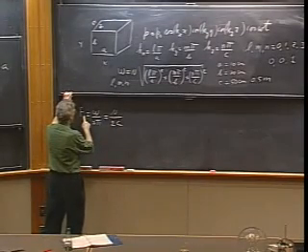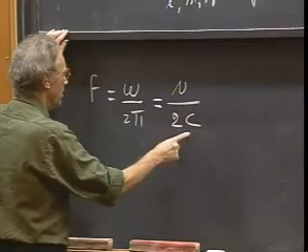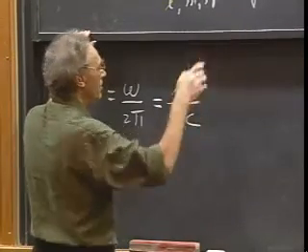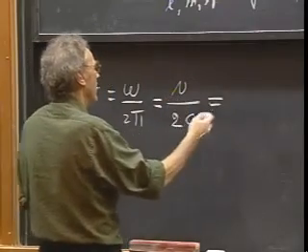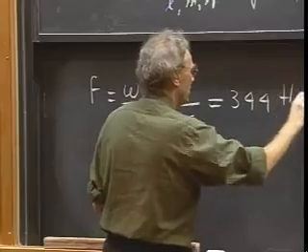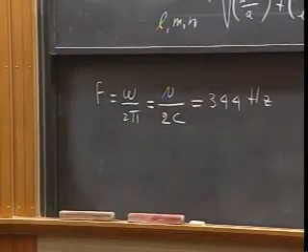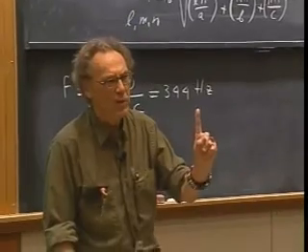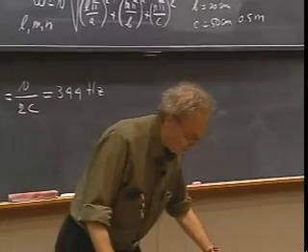So the lowest possible frequency is v divided by 2c. c being now half a meter, and so if v is 344 meters per second, then the lowest frequency is 344 hertz. And I proudly demonstrated that to you. Our prediction was accurate to better than 1 hertz. We had exactly the 344 as the lowest possible frequency.